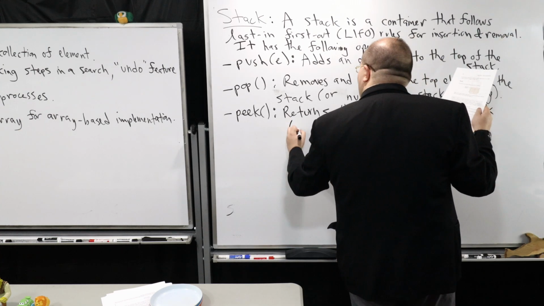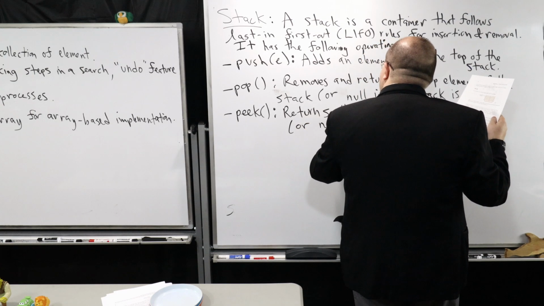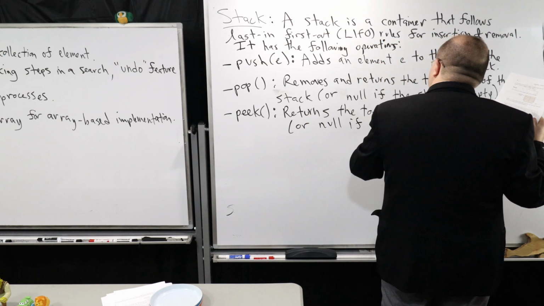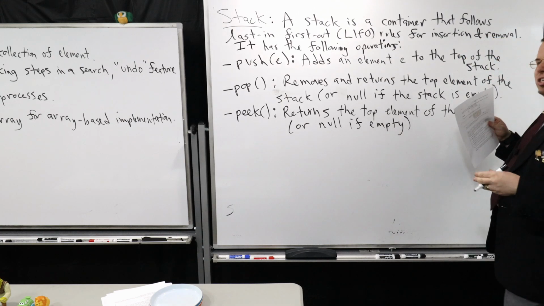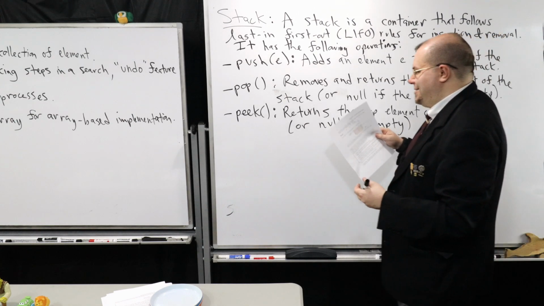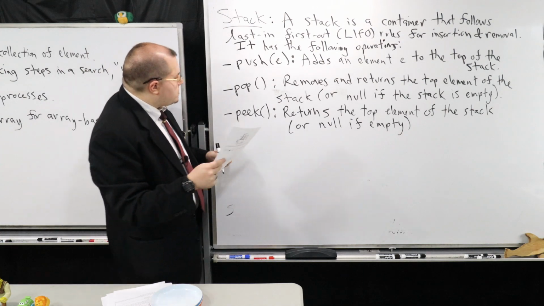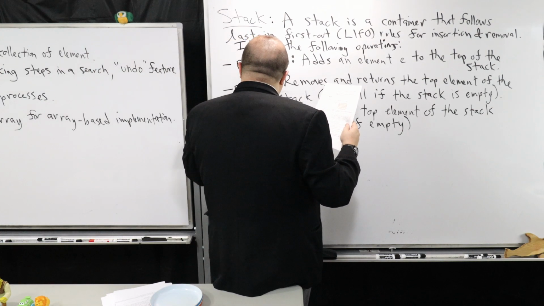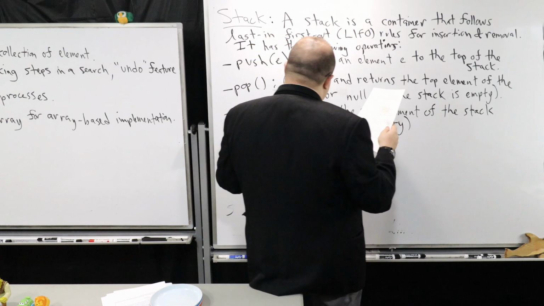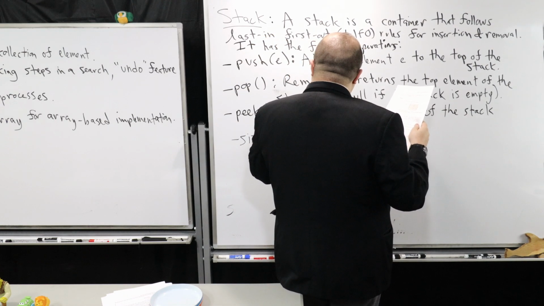Of course, it returns null if empty, right? If we don't have any elements, you just return null because the stack's currently empty. It has no elements. Also, we have size. It just returns the number of elements.